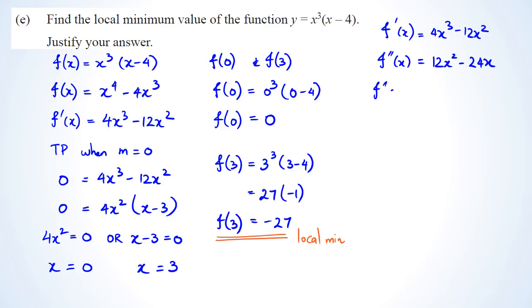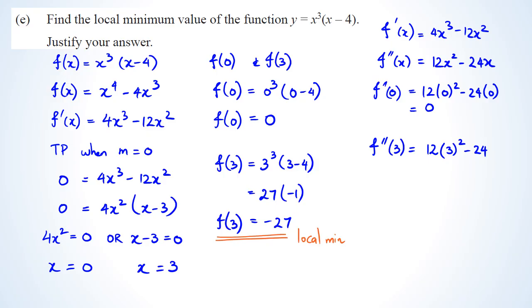So f double dash of 0 equals 12 times 0 squared minus 24 times 0, which is going to be 0. So can't really give much information about it. But f double dash of 3 will be 12 times 3 squared minus 24.